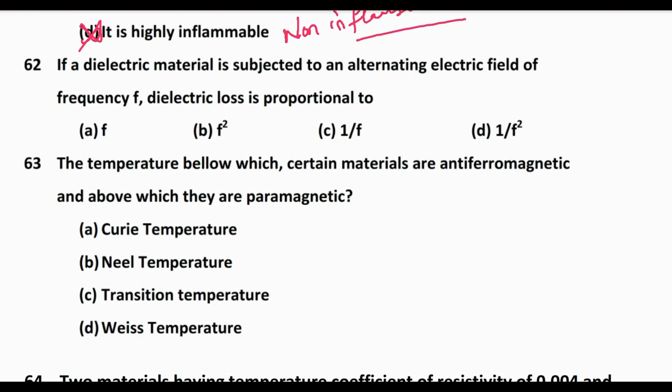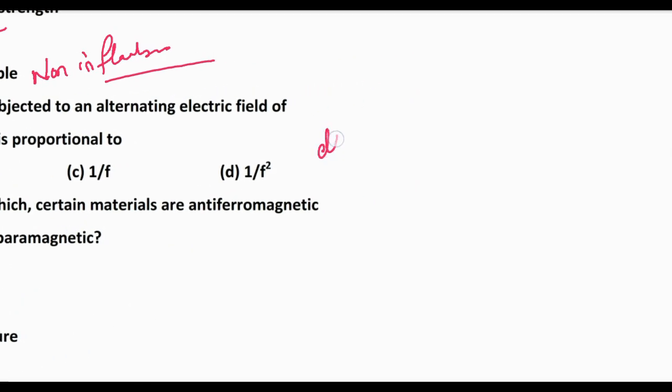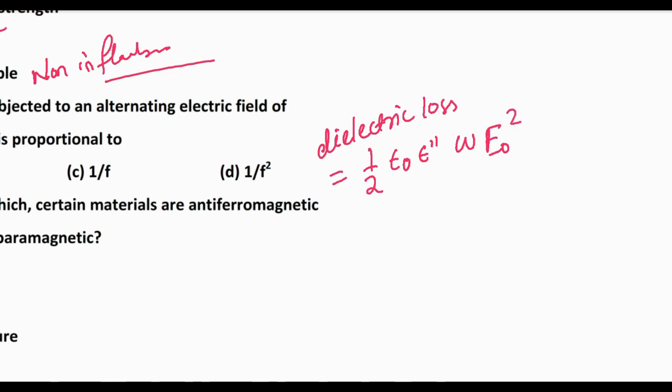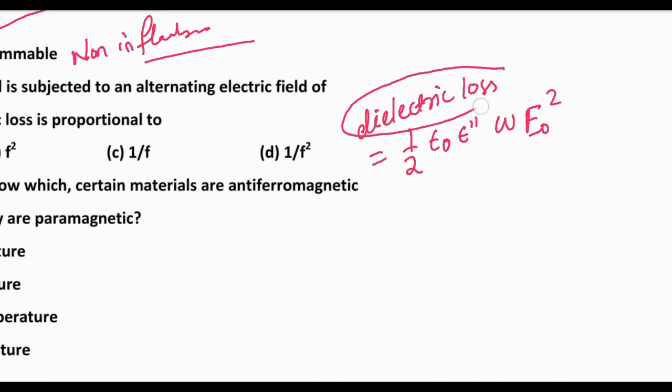So here, dielectric loss is equal to half into epsilon naught epsilon double prime omega E naught square. Here epsilon double prime is the imaginary part of complex permittivity, and omega is 2 pi f.